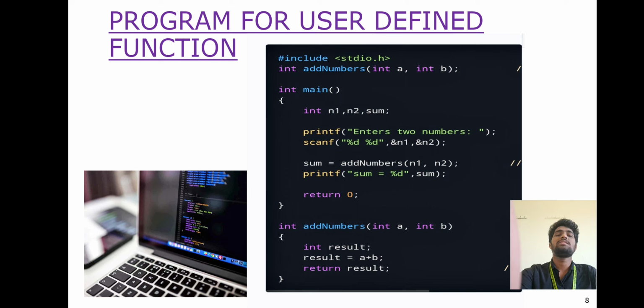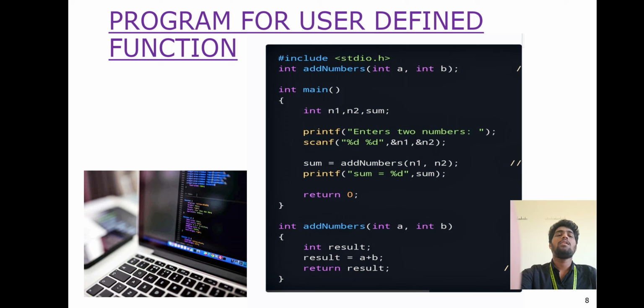Program execution starts from the main function. We have declared three variables n1, n2, and sum of int type, and we are giving the values dynamically. We assign sum equal to addNumbers(n1, n2), which is the calling function.